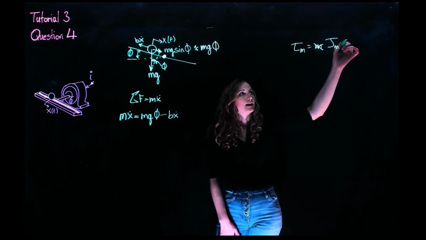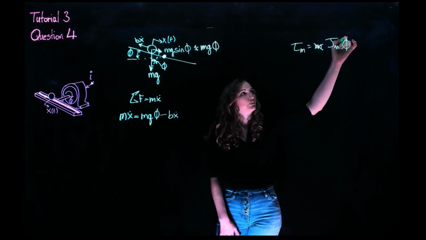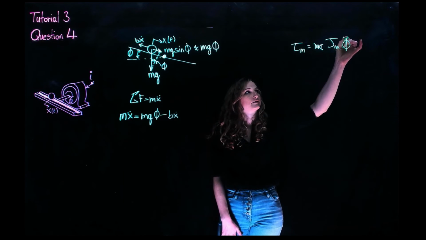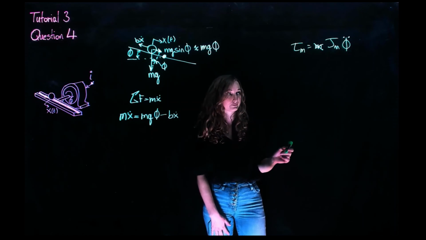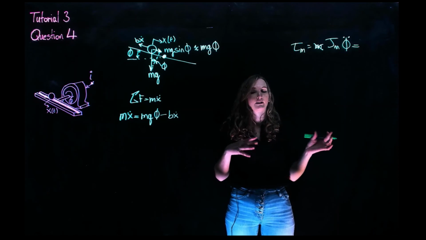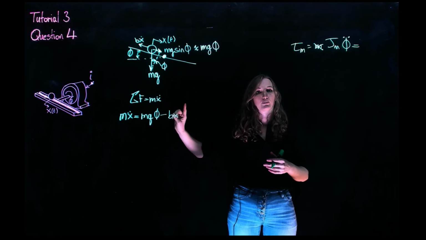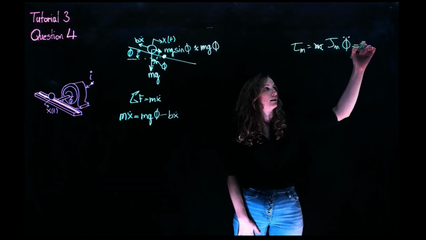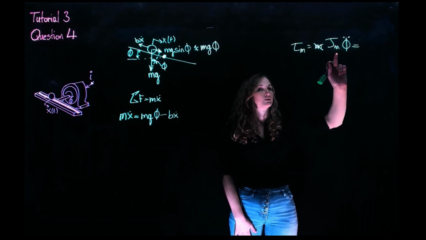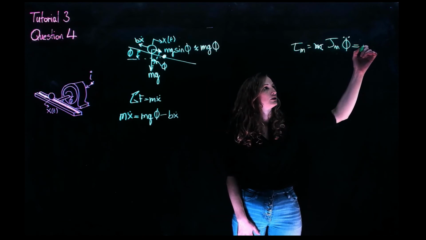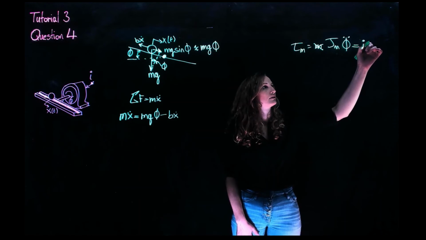So we'll call it Jm, and instead of position, we get our angular acceleration. And that has to be equal to kind of like what we had in the last question, where we get a gain between the input current and the output torque or output angle, which is going to give us I times K.